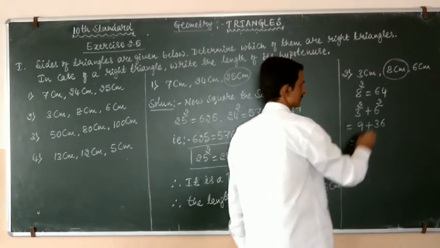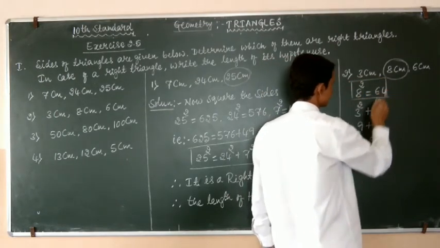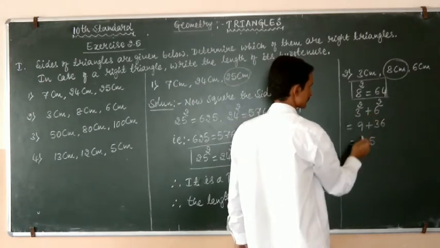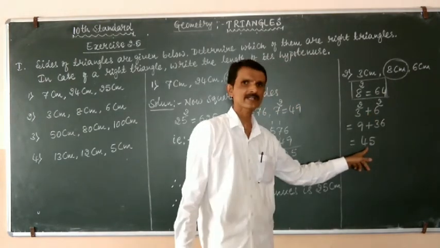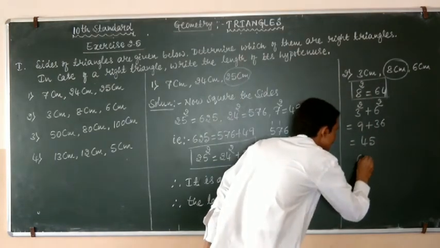So the square of the largest side is 64, whereas the sum of the squares of the other two sides is 45. So 64 is not equal to 45.